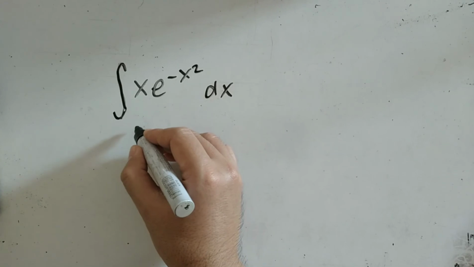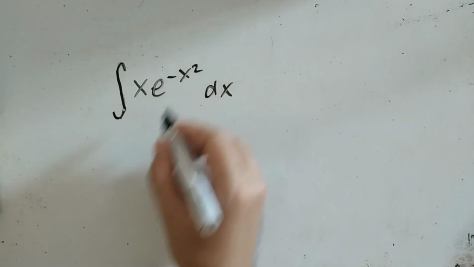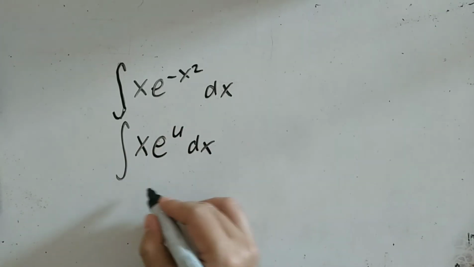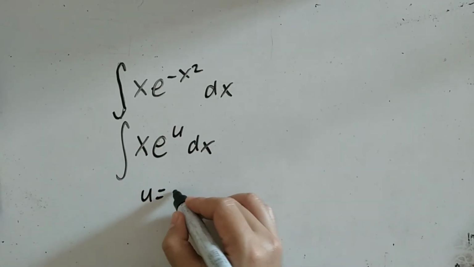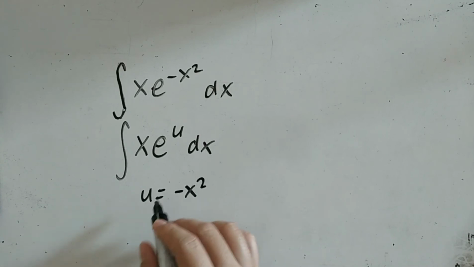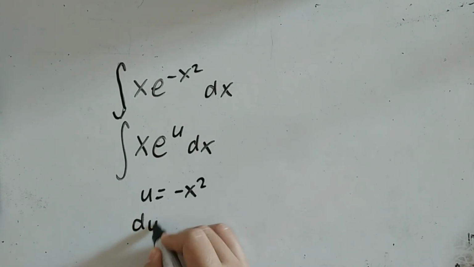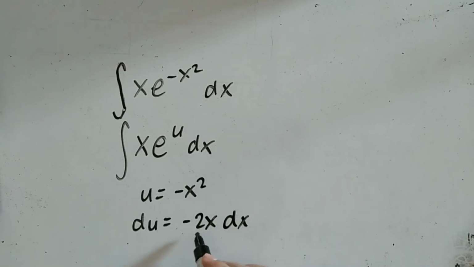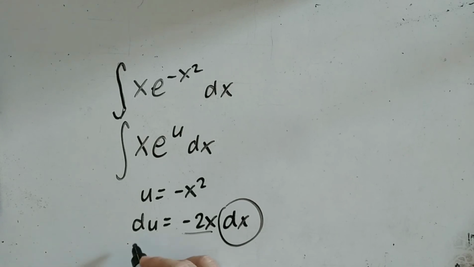So that is, we have a case of e to the u. So that is integral of x e to the u dx, where our u is equal to negative x squared. If u is equal to negative x squared, then we have du equals negative 2x dx. We transpose negative 2x to the side where the du is, so that we have dx remaining on the other side. So we have du over negative 2x equals dx.